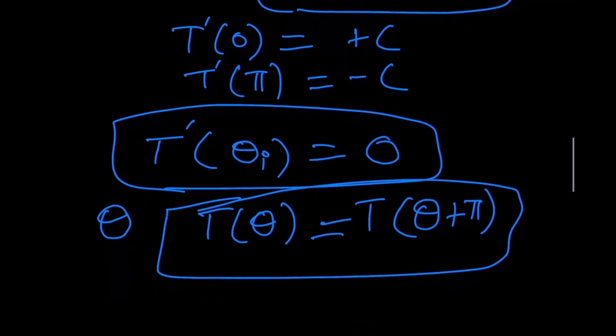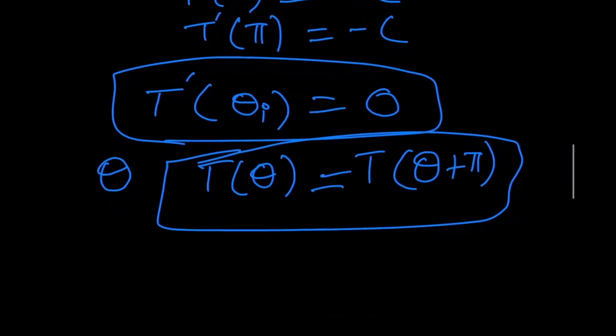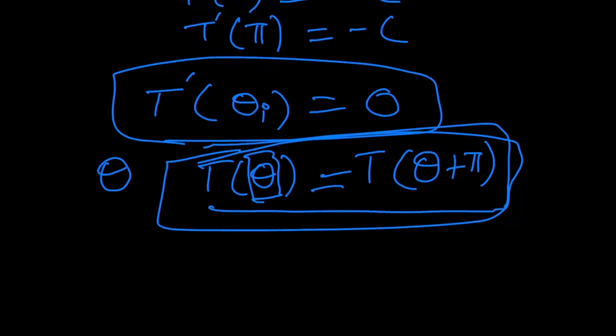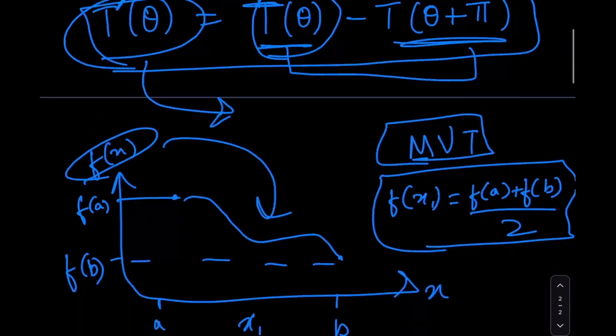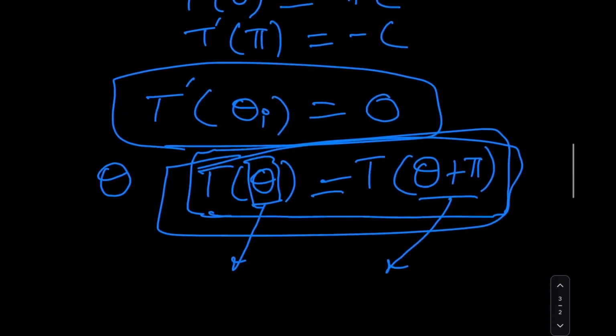We haven't found that theta, but we've proved that there is a theta between 0 and pi for which this is satisfied. So theta is where the first point is, and theta plus pi is where its opposite point is. We just proved that using only the fact that this function was continuous, the temperatures of the two points would be exactly the same.